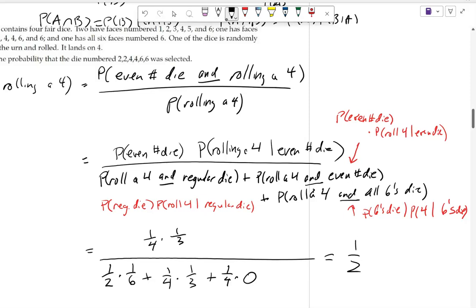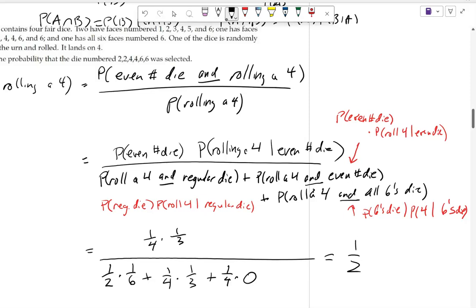You knew you rolled a 4, so could you have pulled the 6's die? No. Well, it's twice as likely to get a regular die as it was to get the all 4's or the even number die, but you were twice as likely to roll a 4 if you had the even number die. So it makes sense that it should be a 50-50 shot, given that you already rolled the 4, right? It's okay?